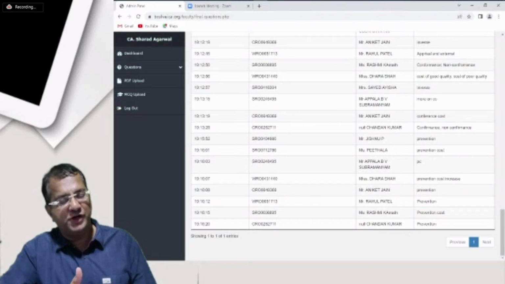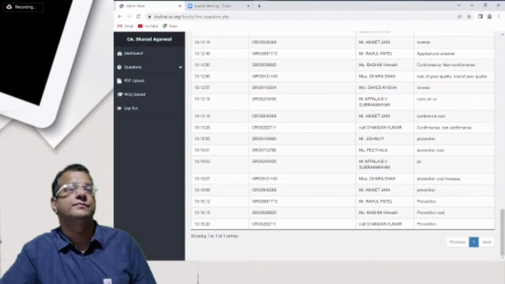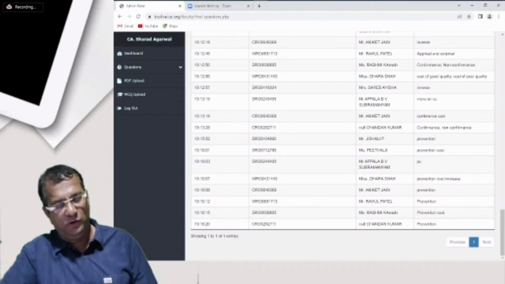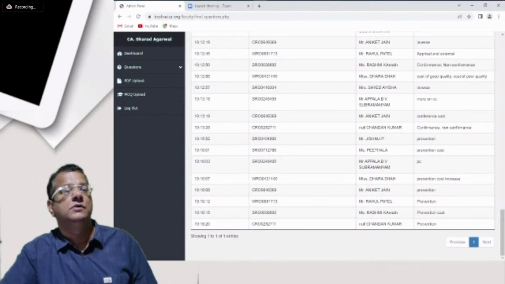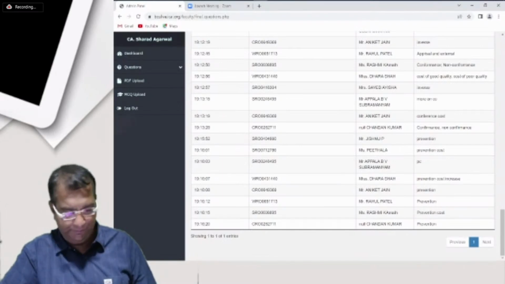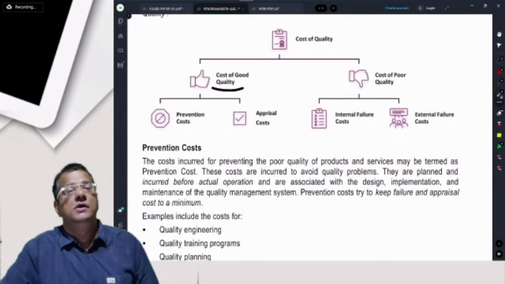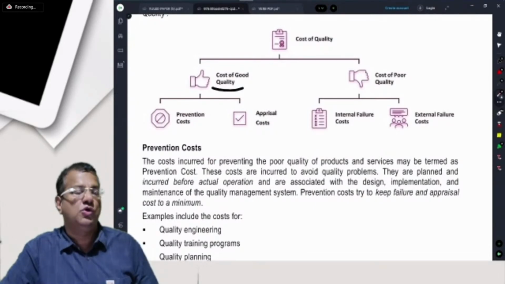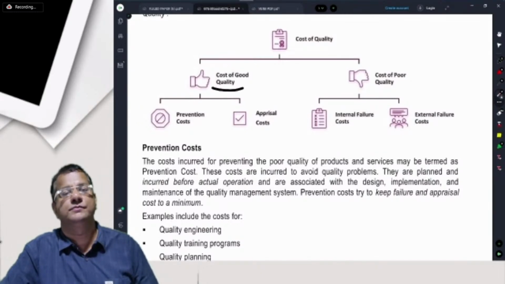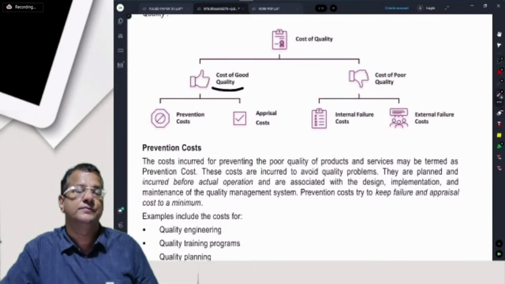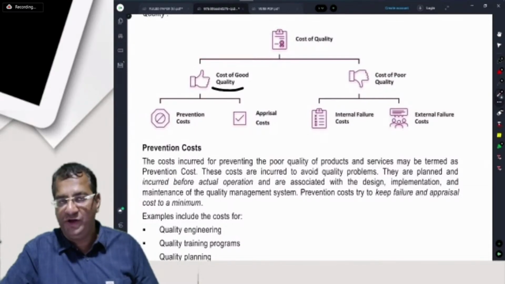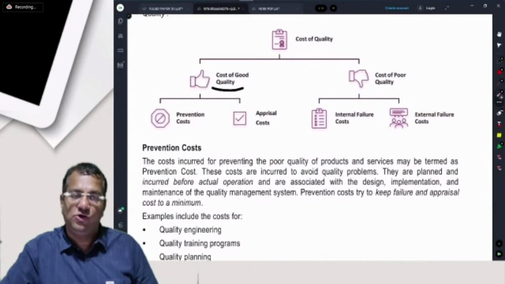Full stop. Next line. The most desirable situation is increasing the expenditure on prevention cost, comma, thereby reducing the other three costs.